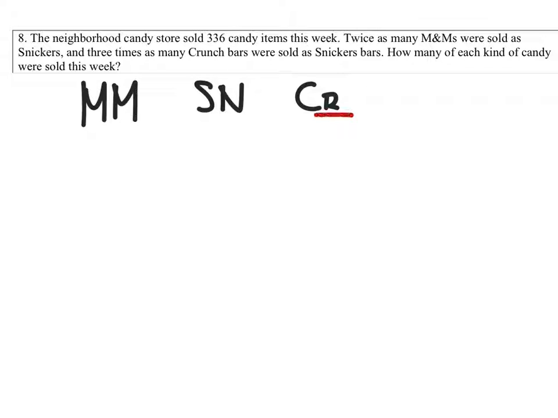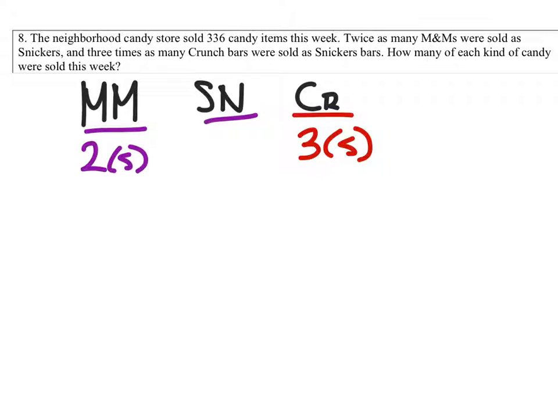So the Crunches are 3 of these Snickers. The M&Ms are twice as many as Snickers. And the Snickers are just Snickers. So when we add all of these together, we should get 336 candies.